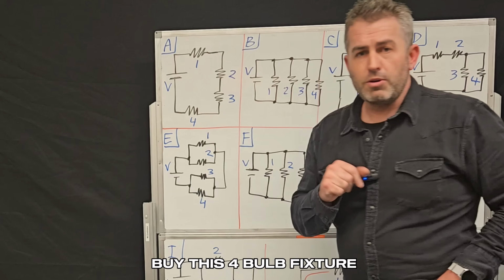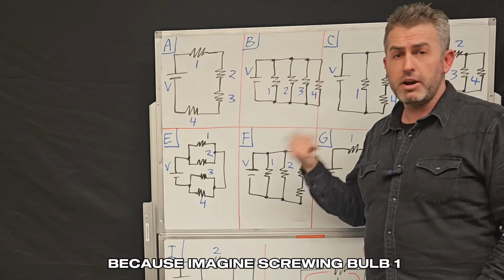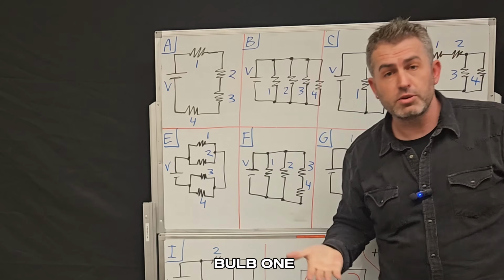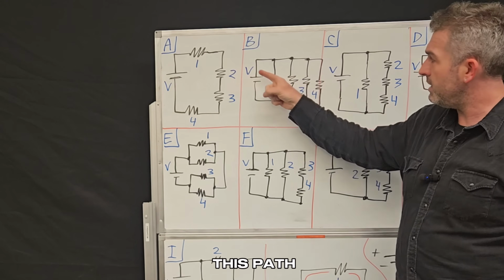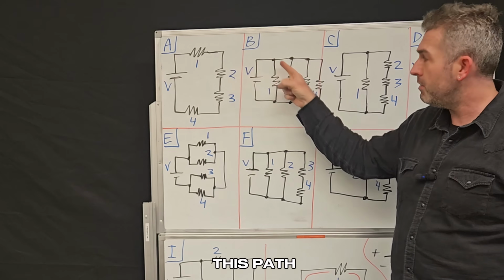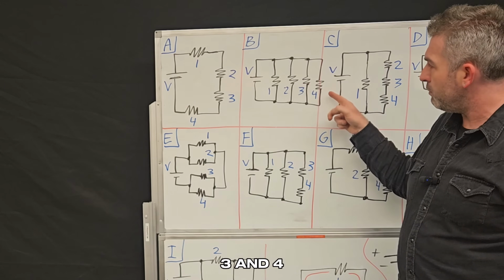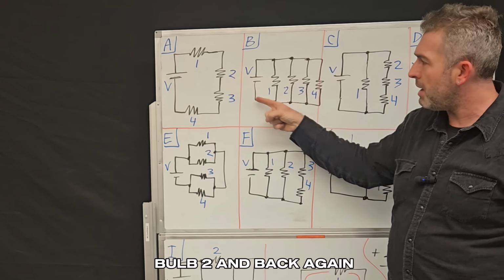When you go to the store and you buy this 4-bulb fixture, you are likely to find it wired like this, in parallel. And that's because imagine unscrewing light bulb 1, you would have a hole here where bulb 1 is, and therefore you have an incomplete path along this path. However, you do not have a hole at bulb 2, 3, and 4, so imagine electric current is still able to flow through bulb 2 and back again.